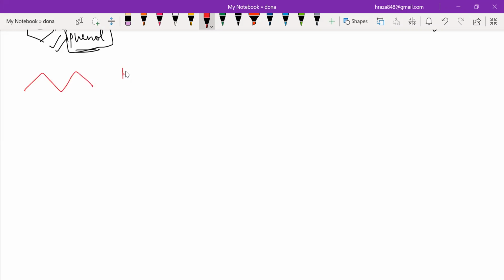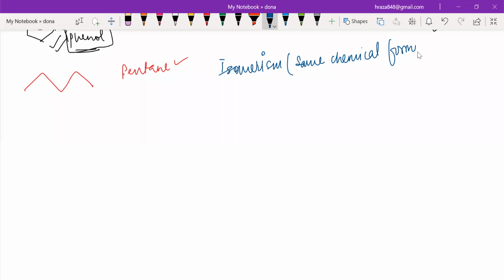If this is your pentane, and you want to write the structural isomers, that means isomers that represent the same chemical formula but different structural formula. This is what structural isomerism is. Is that clear? Yes, sir.